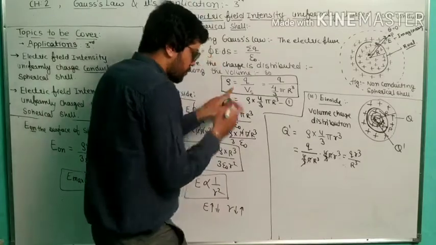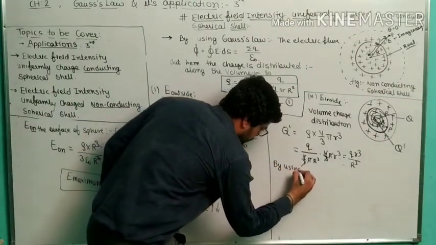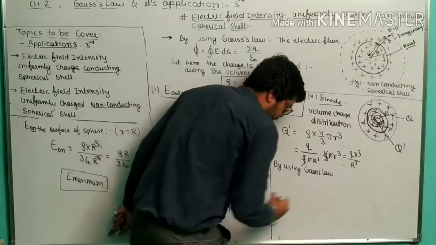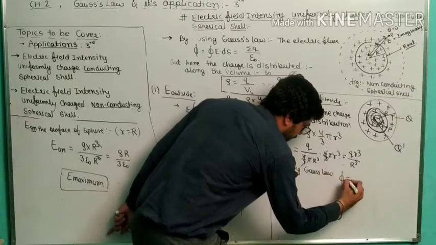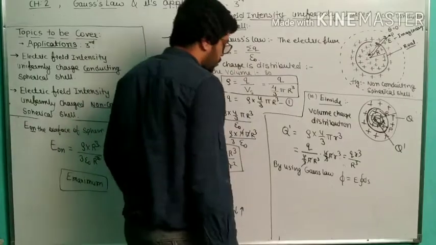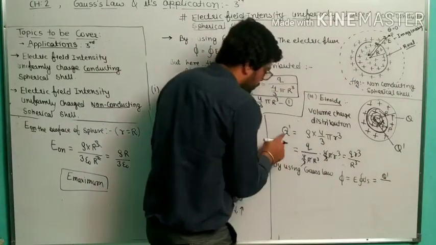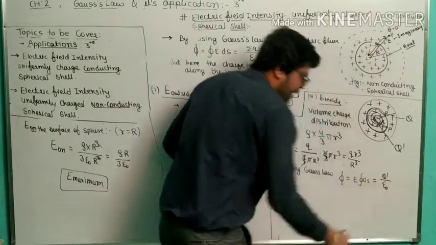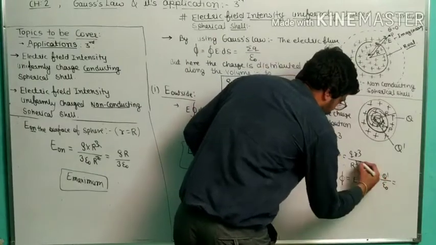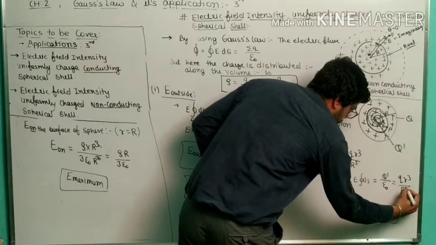Okay. So now by using Gauss law, phi is equal to E ds, so E is taken outside directly, and here we have Q dash upon epsilon naught. The value of Q dash I am putting here, it is Q r cube upon capital R cube.